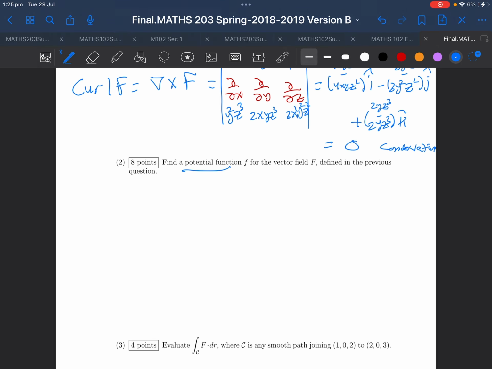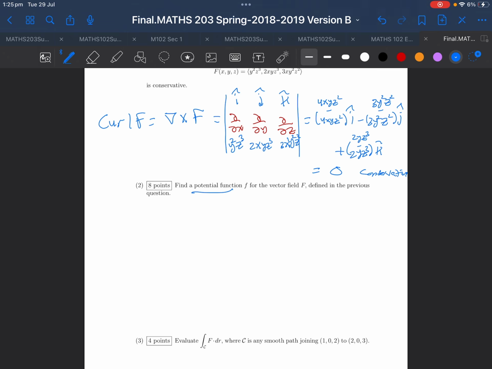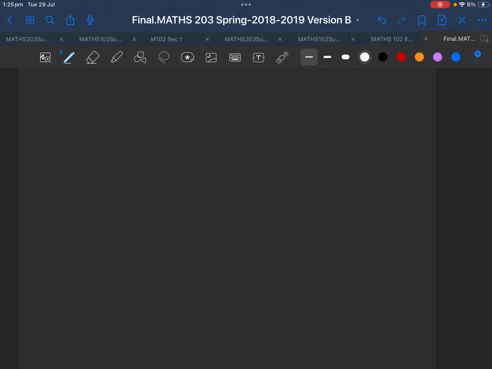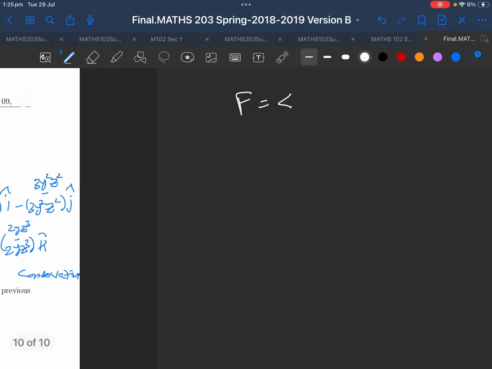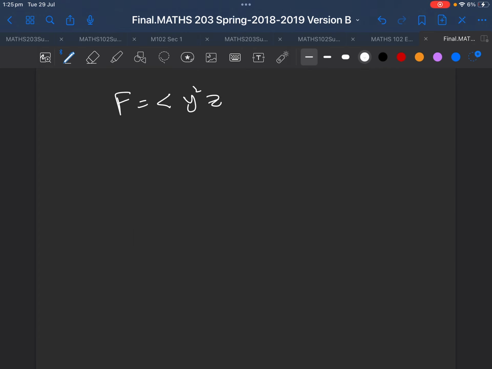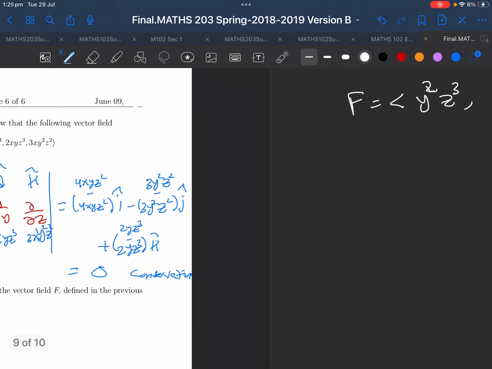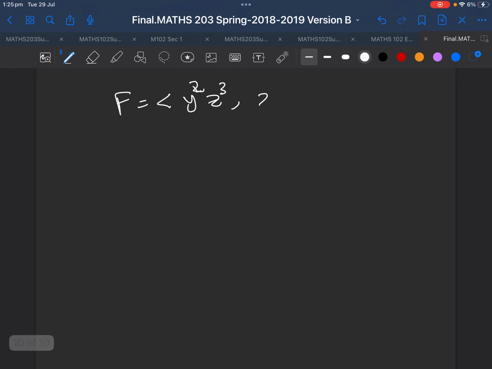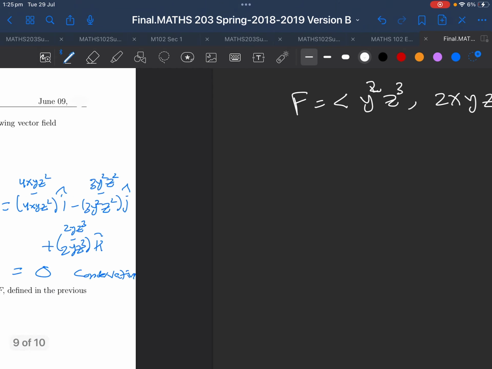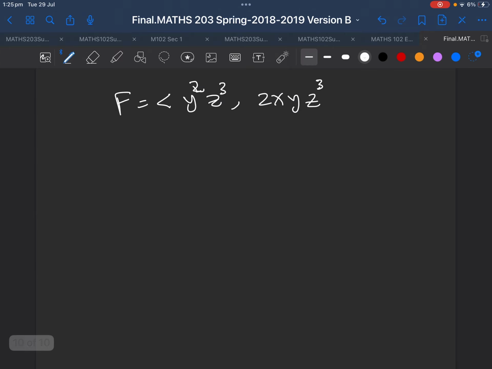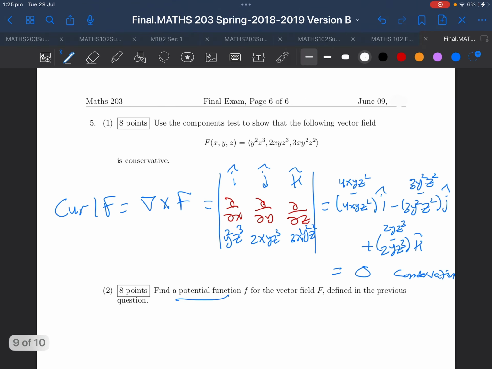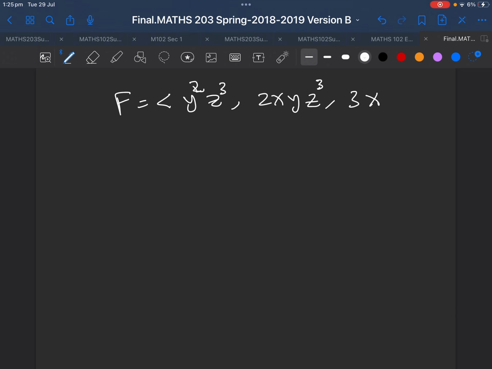Next question, we need to find the potential function. I need to go to the next page and do the question. If I go to the next page, this my capital F was y squared z cubed, comma, 2xyz cubed, comma, 3xy squared z squared.